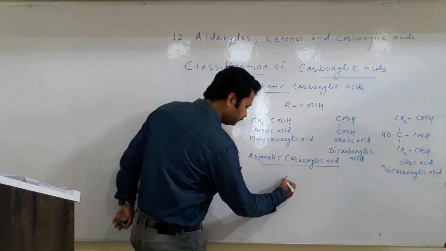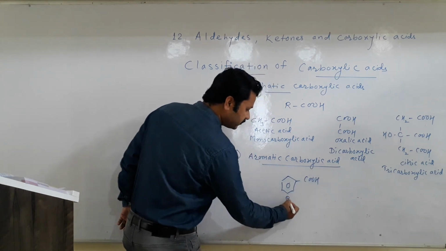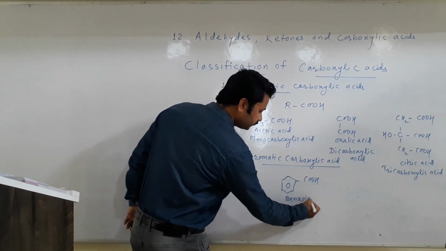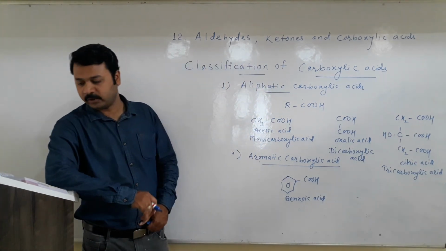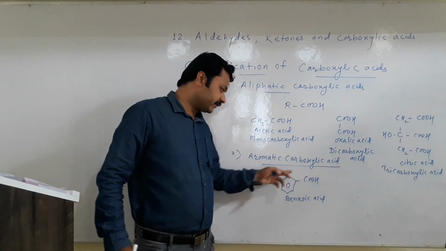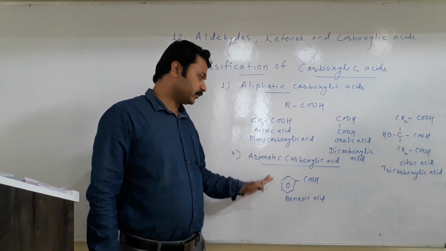For example, it is called benzoic acid. So in this example, carboxylic group COOH is directly attached to an aromatic ring, aryl group.